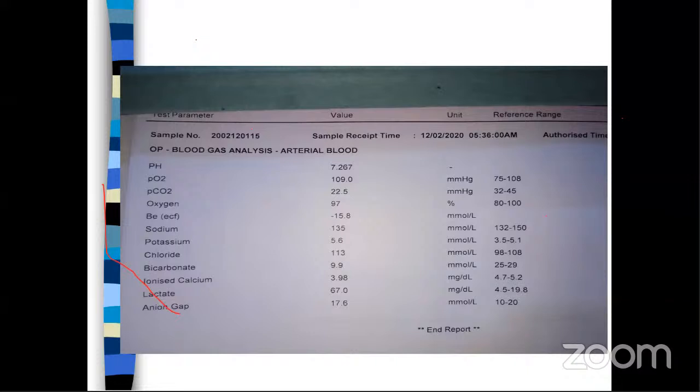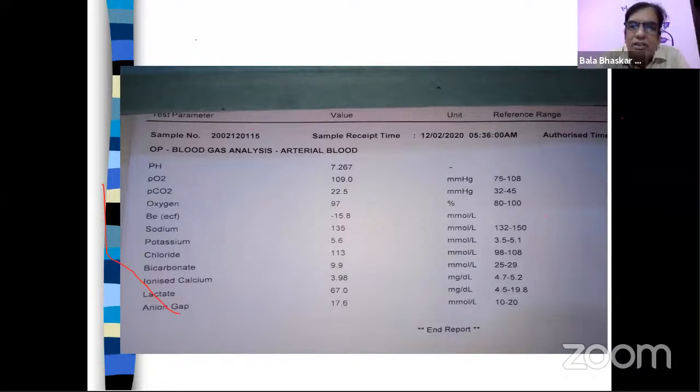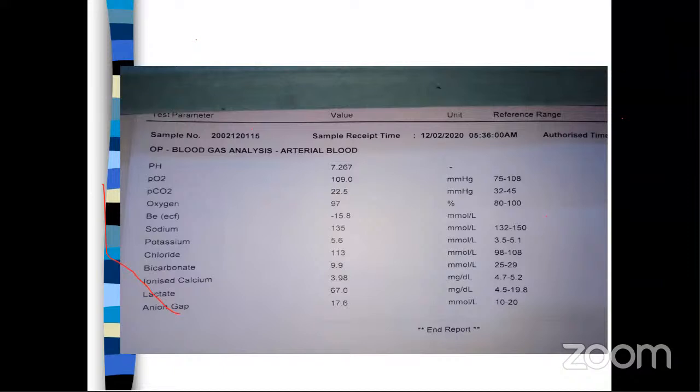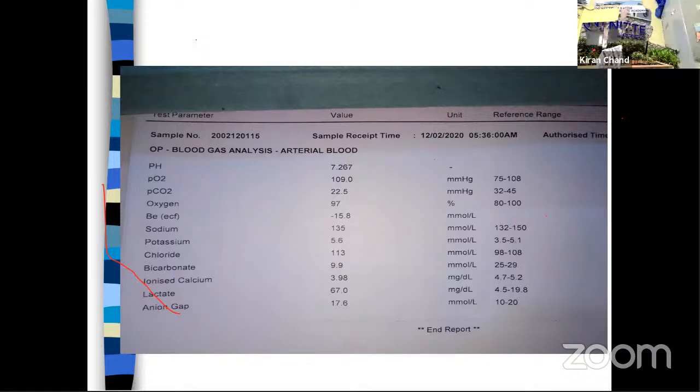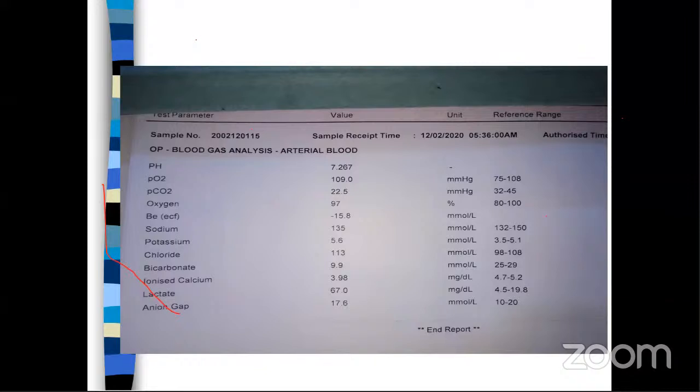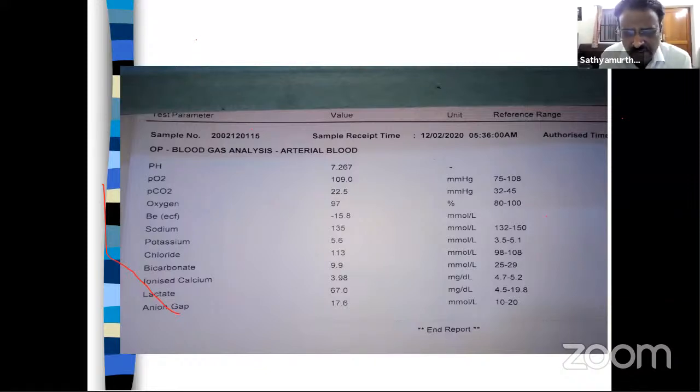One question that may be beneficial to everybody: metabolic acidosis. What is the pH at which I can go on giving bicarbonate?